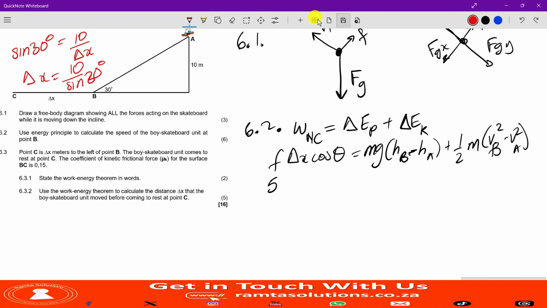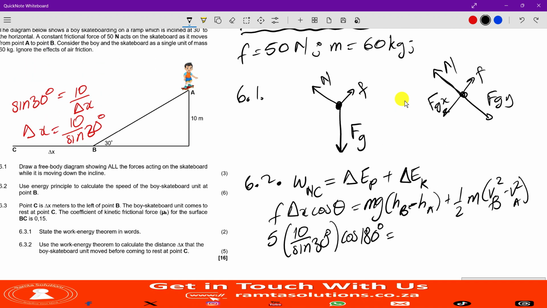So you can substitute this value here and say this is 10 over sine 30. Now, friction opposes motion, so it will be cos 180 degrees. The mass of the boy and the skateboard is 60.